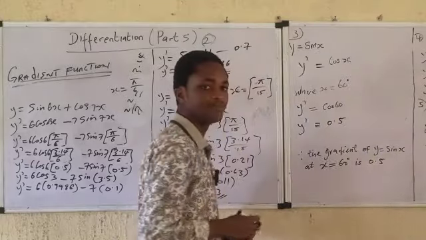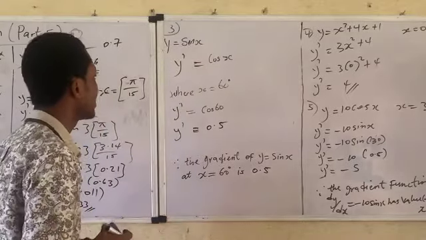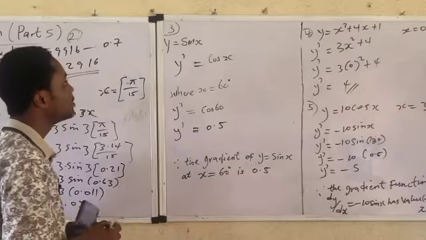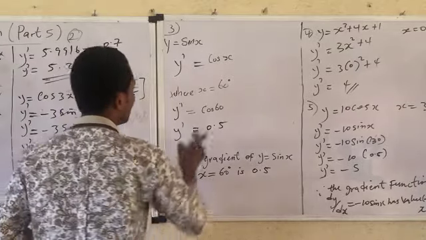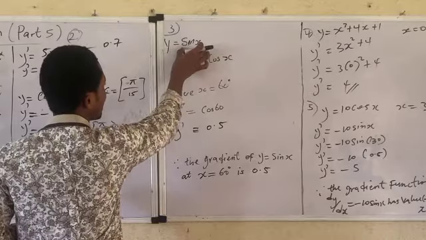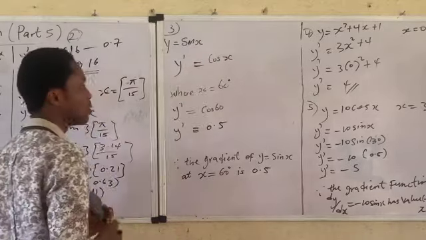Question number 3. y equals sine x. The derivative of y is cos x. The derivative of sine x is cos x, where x equals 60.